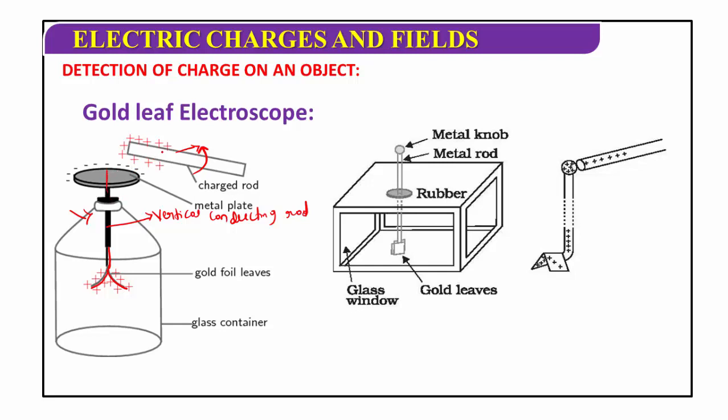When the charged body or the charged object touches the metal knob at the outer end of the rod, the charge flows down to the leaves.